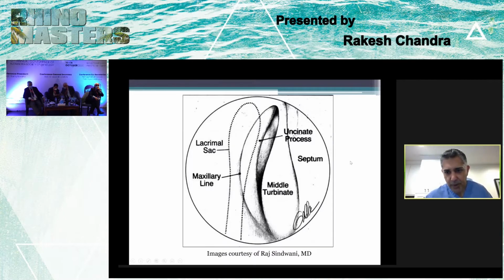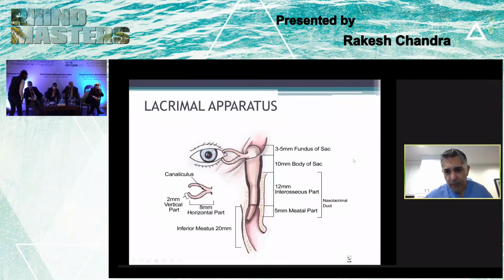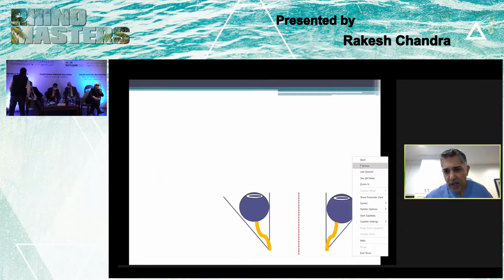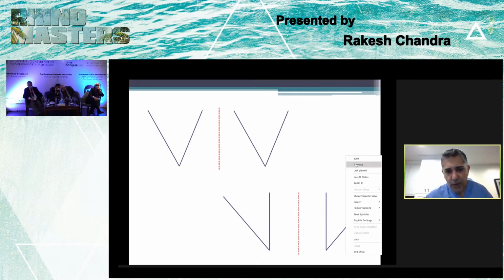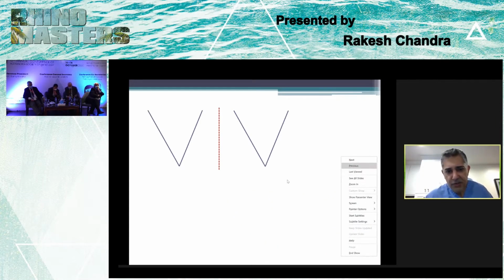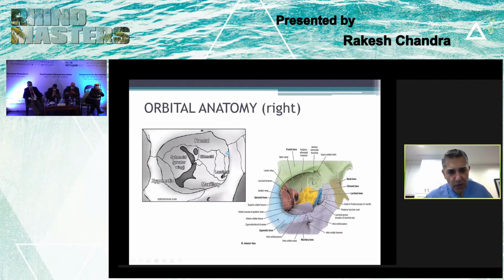So perhaps if we go back a few slides, that maxillolacrimal suture line is very important, because the lacrimal gland sits in this fossa here. The anterior lacrimal crest is formed by the maxillary bone. The posterior lacrimal crest is part of the lacrimal bone. You see it better in this diagram.